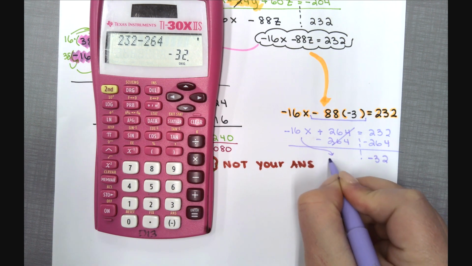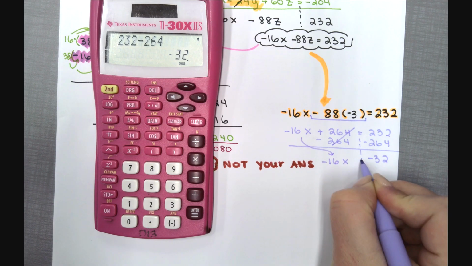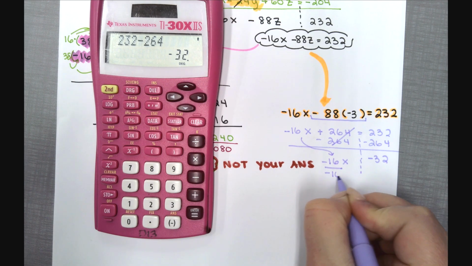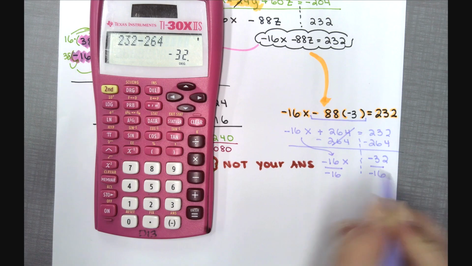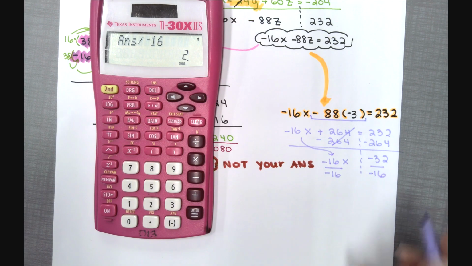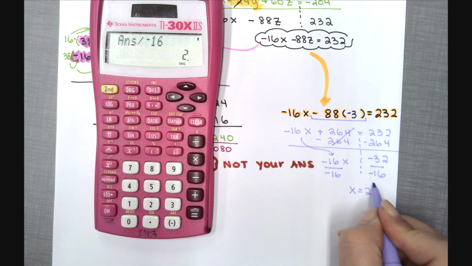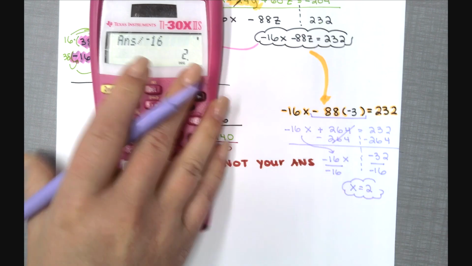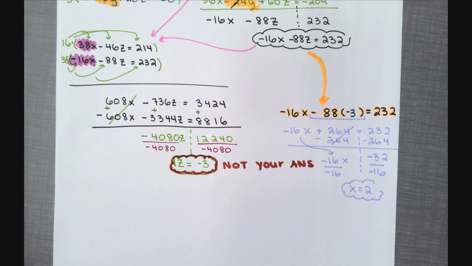Bring down the negative 16x. Divide by negative 16. Divide by negative 16 is 2. Again, a thinking bubble because this is not your answer.